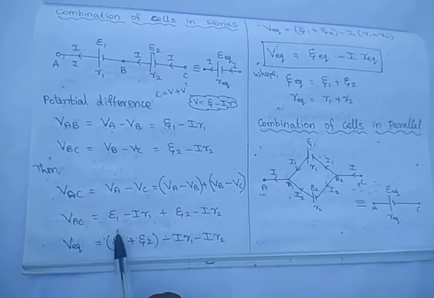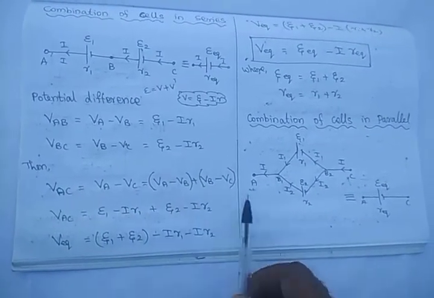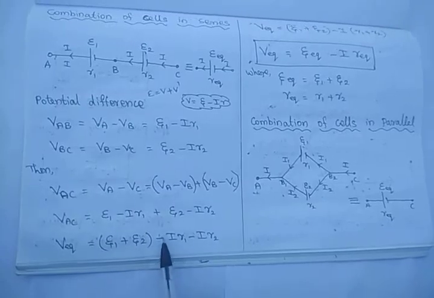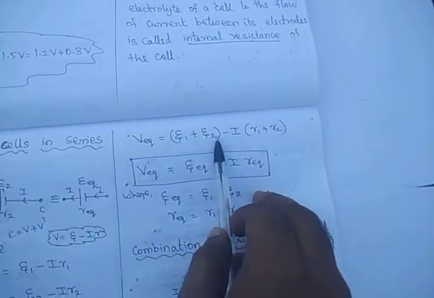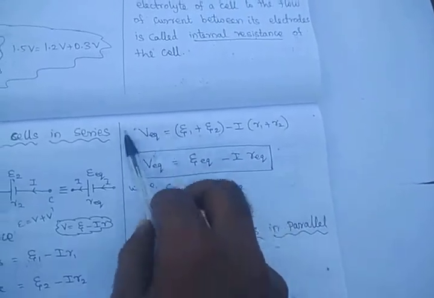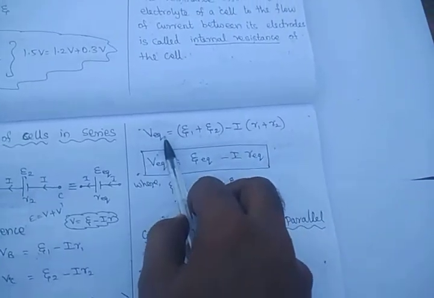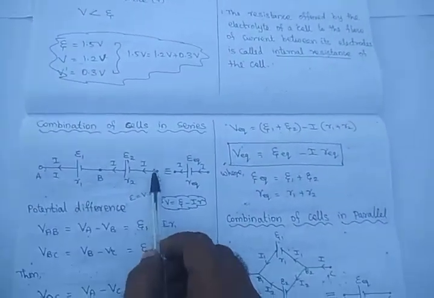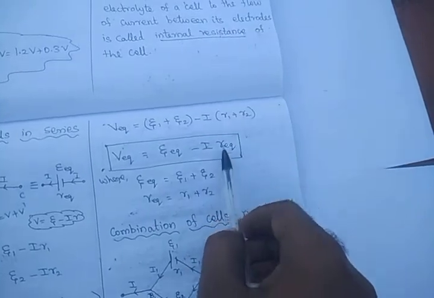Bring E1, E2 together and IR1 and IR2 on the other side. Simply take I commonly outside. We get E1 plus E2 minus I into R1 plus R2. That is the total potential difference between A and C. So V equivalent is equal to E equivalent minus I R equivalent.